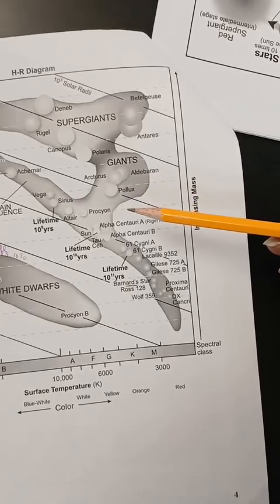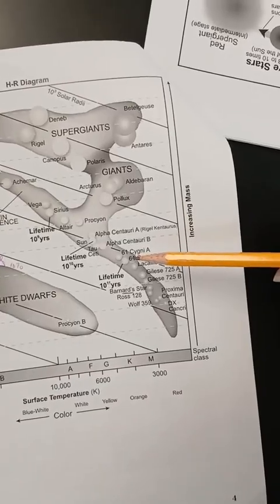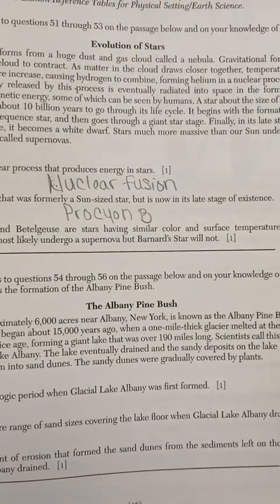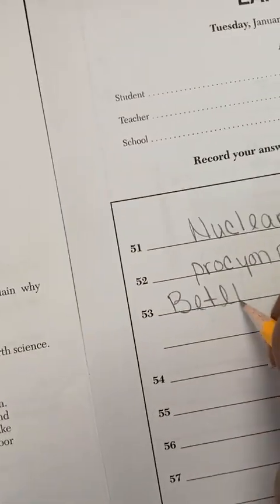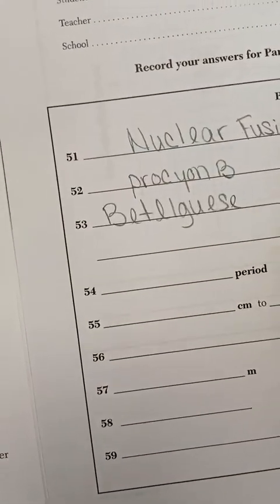So if they want us to explain why Betelgeuse will most likely undergo a supernova, but Barnard's star will not, it's because Betelgeuse, I should have written this in my book, but they don't give me enough room on this question to write in a book.